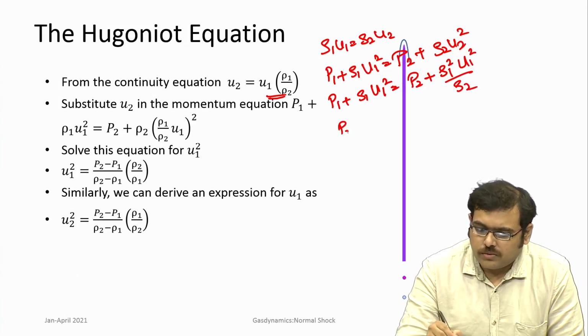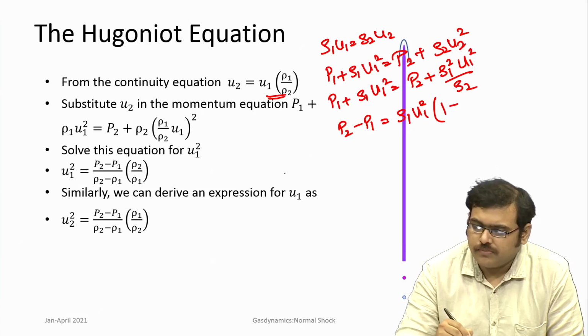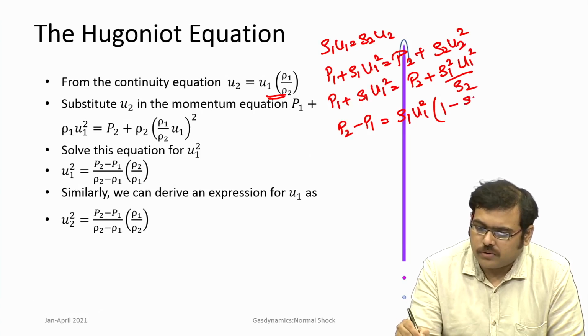Now, p2 minus p1, you can take rho 1 u1 square common, and you will get 1 minus rho 1 by rho 2.